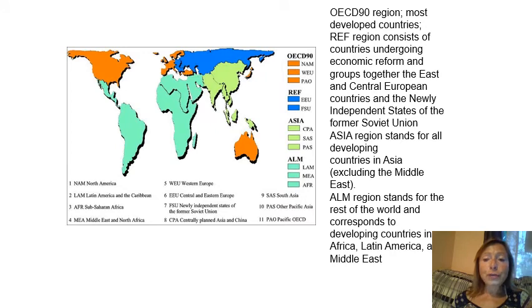So within each of these regions, the development scenarios are tuned up for those specific geographic regions for each of these families of scenarios: A1, A2, B1, and B2.